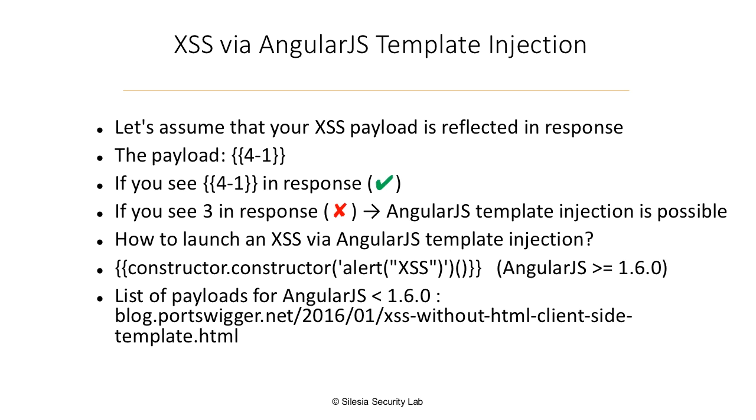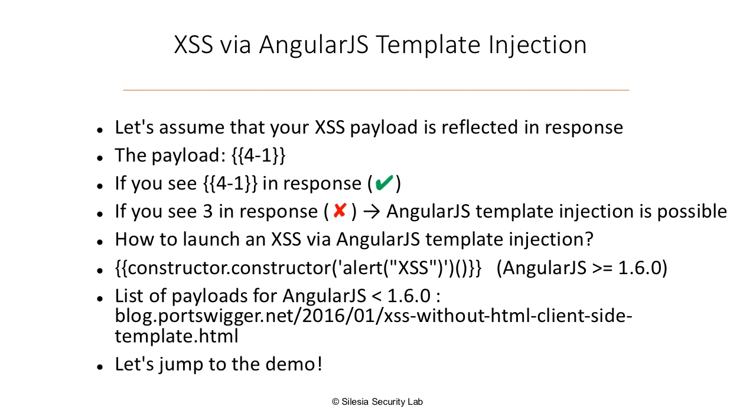So basically this is it. First, you have to check if AngularJS template injection is possible, and then if this is possible, you have to answer the question, what is your version of AngularJS? And for most up-to-date AngularJS versions, you've got a payload on this slide. For older AngularJS, you need to go to this URL and you will find the payload that you need. And basically, this is how it works.